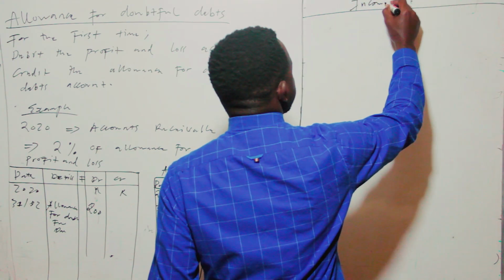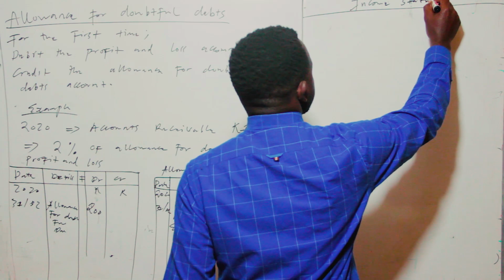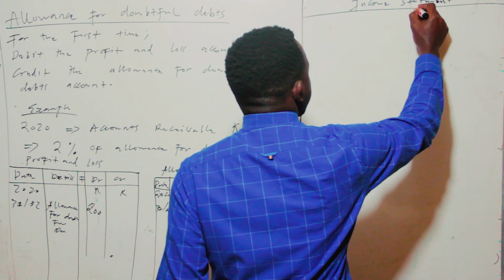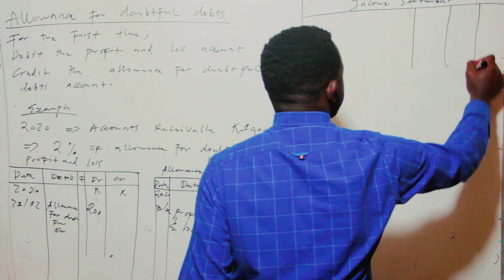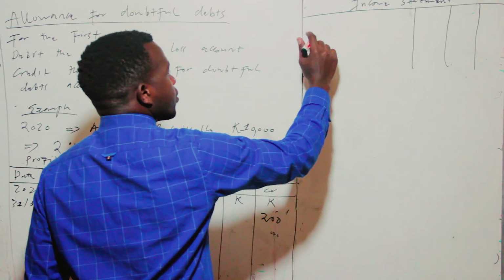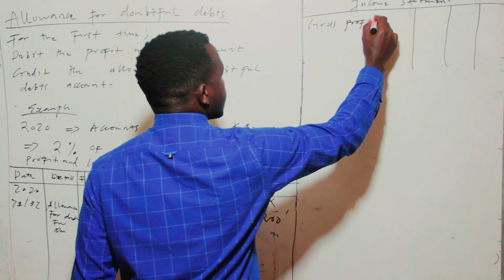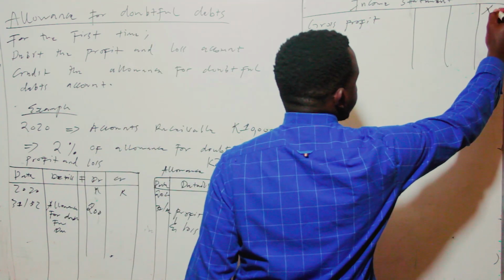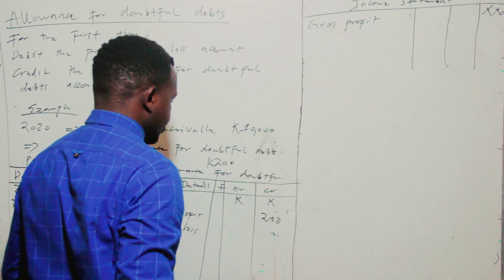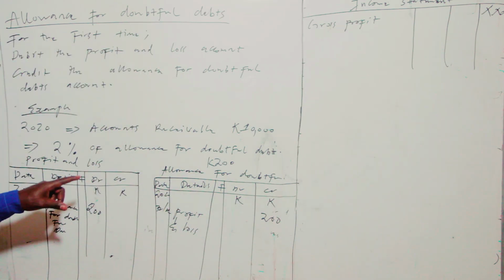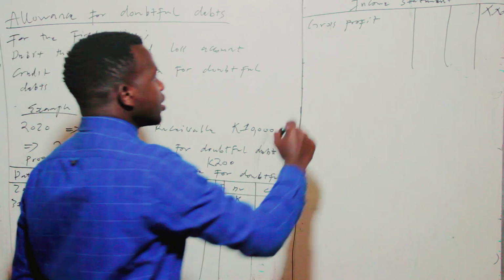So, income statement. In the income statement, we're going to say gross profit. If you have gross profit of X there, then you have an allowance for doubtful debts, which is 200 kwacha.